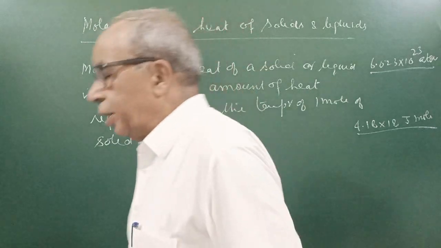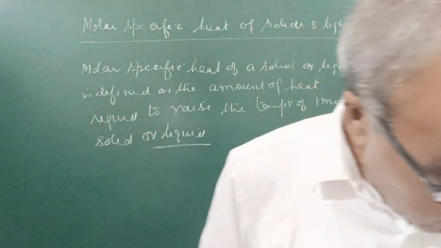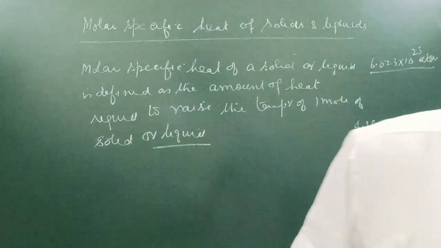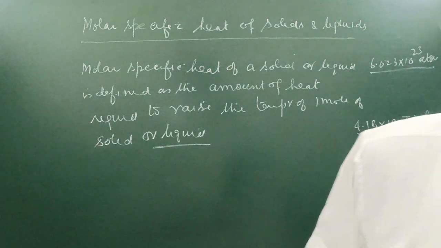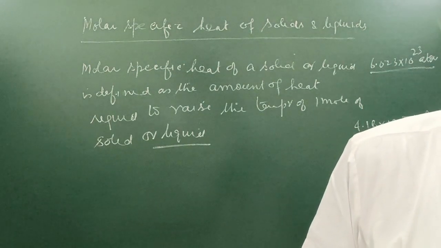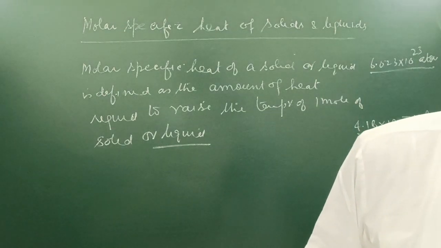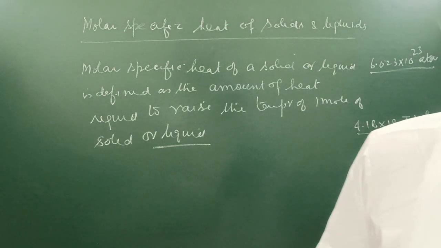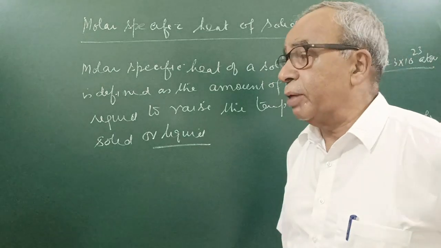If you take for example copper, specific heat of copper is 386.4 joule per kg per Kelvin. तो atomic mass of copper 63.5 gram.